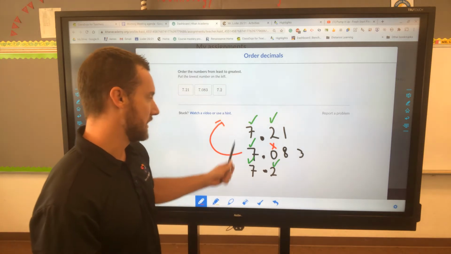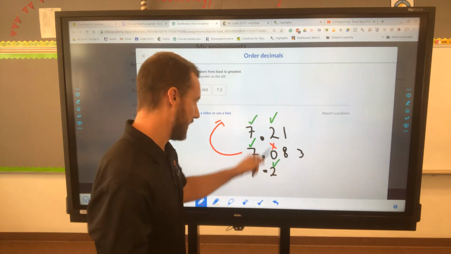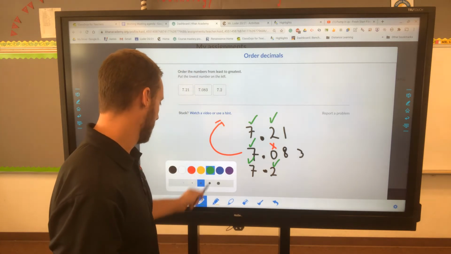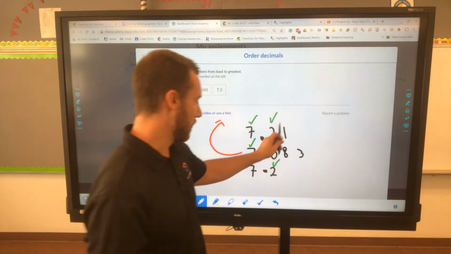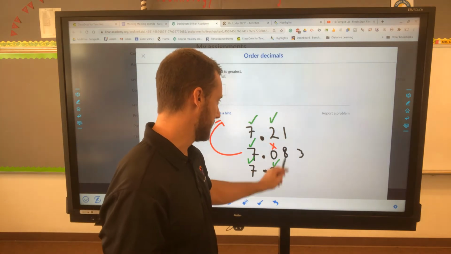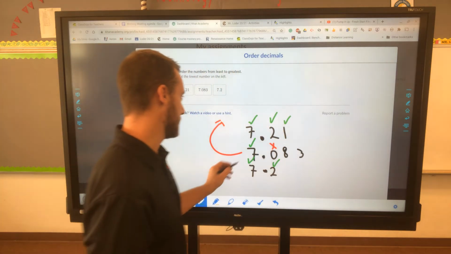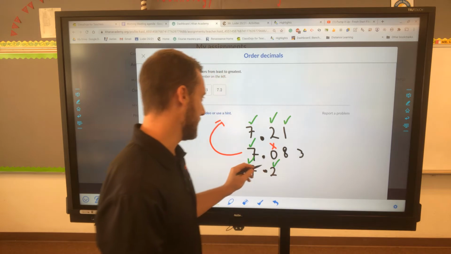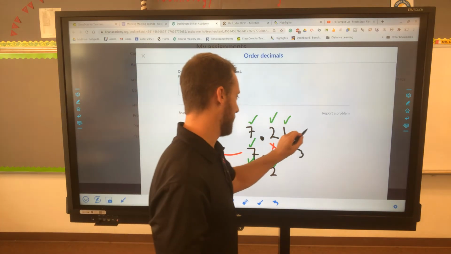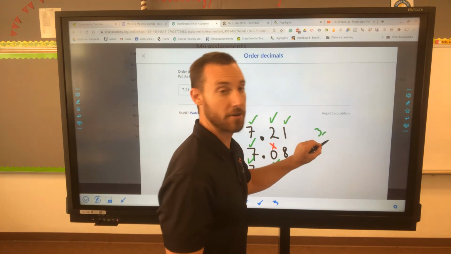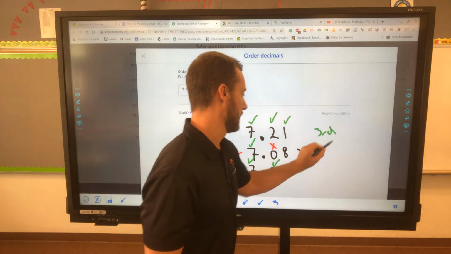Okay, so we still need to continue working because we have 2 that are equal here. All right, then we have a 1 and a 0. So 1 is greater than 0. So this is going to be our greatest, and we're going to put it in third place since we're ordering least to greatest.